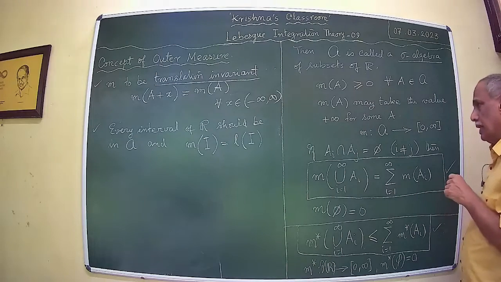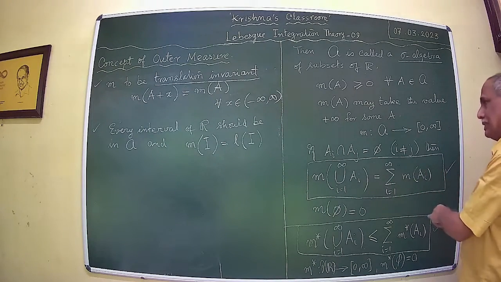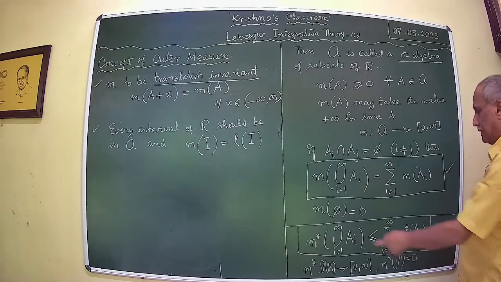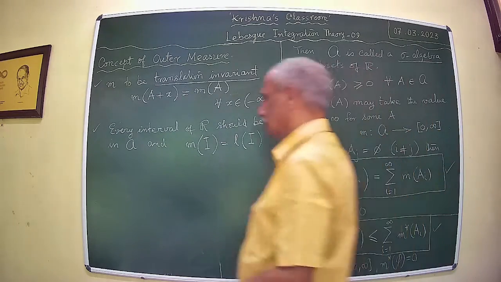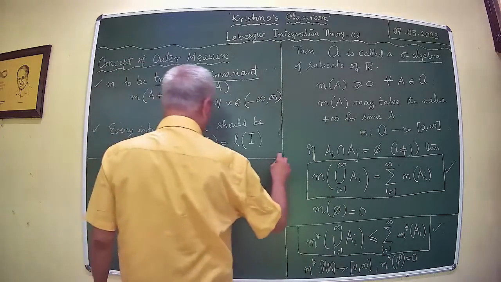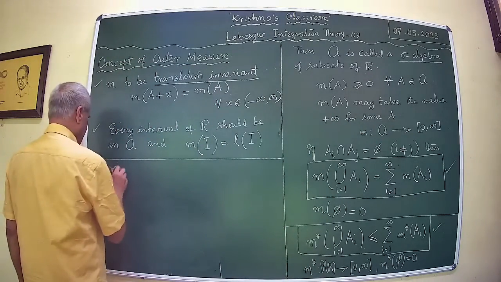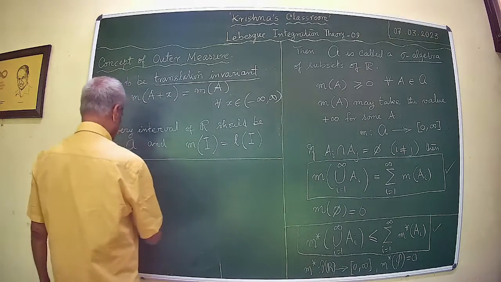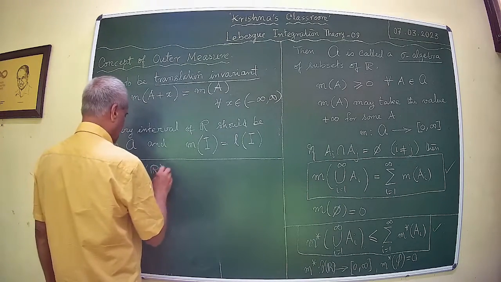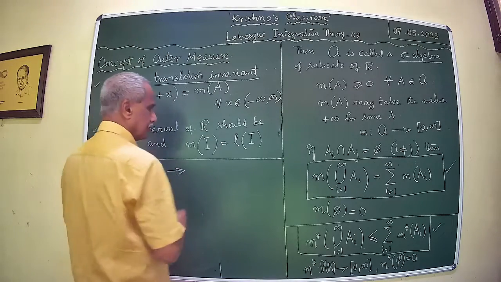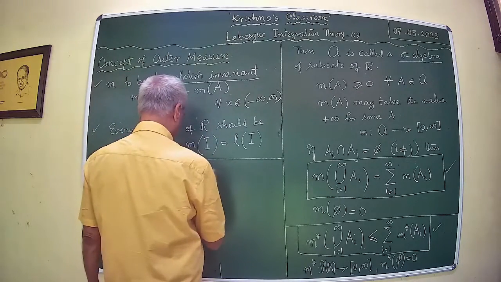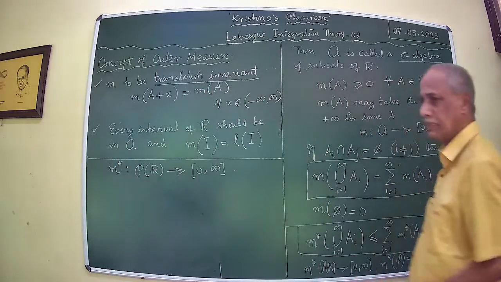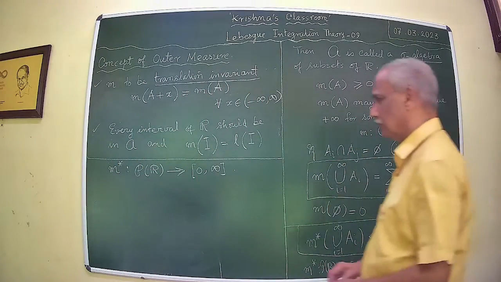Okay. And as such, we first demand that M star satisfy all this. So M star is now defined on all subsets of R, and that means on some sets it may take the value infinity also.